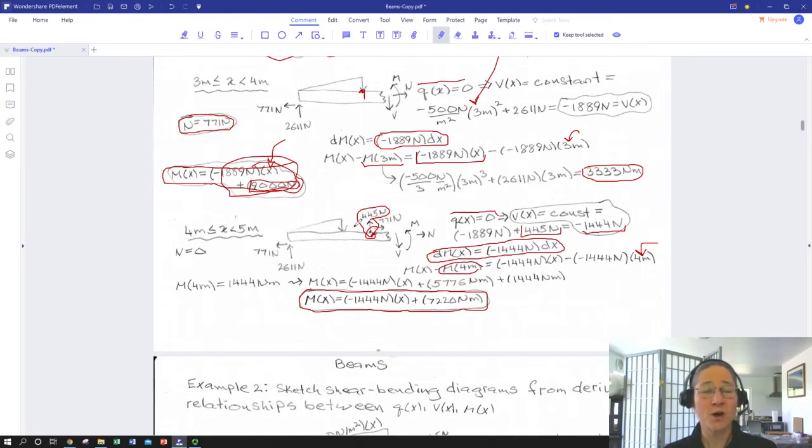What we did do, though, is notice that as we came across this point applied force at 4 meters, it was providing the 771 newtons that the support at A had to counter in our whole body free body diagram. So at this point, the cutoff right hand side of the beam doesn't have to supply that anymore.